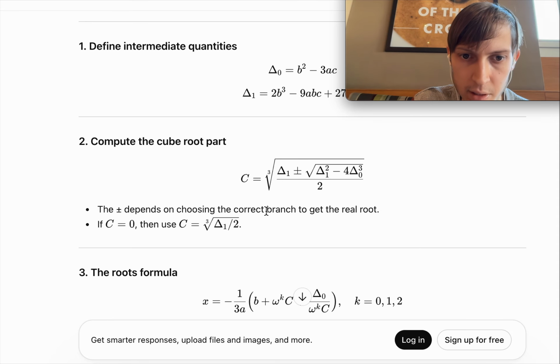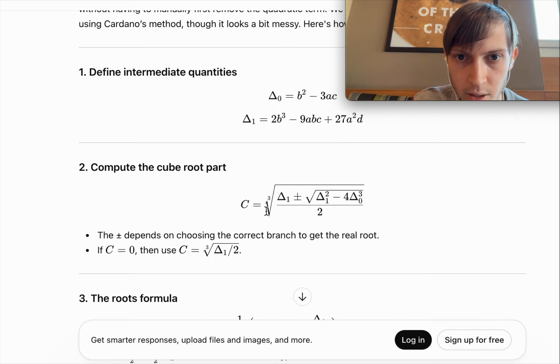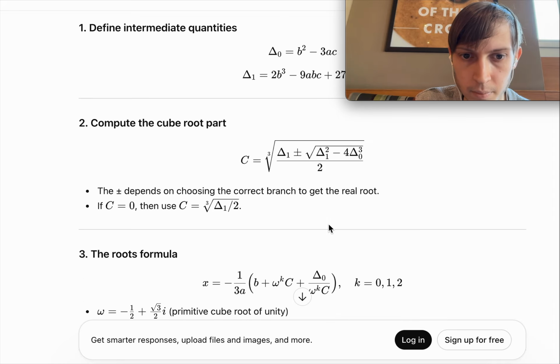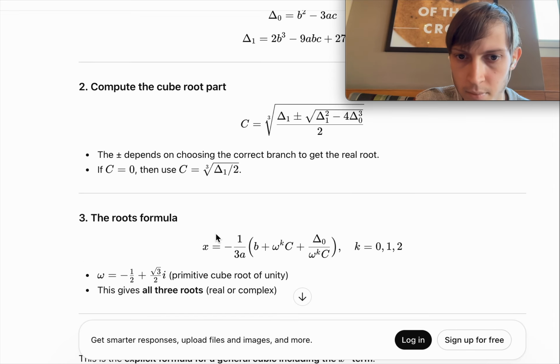If capital C is 0, then C is the square root of the cube root of delta 1 over 2. And delta 1 is all this. So there are intermediate quantities, and then there is all this. That's a lot to delve into. So it's actually not so easy.